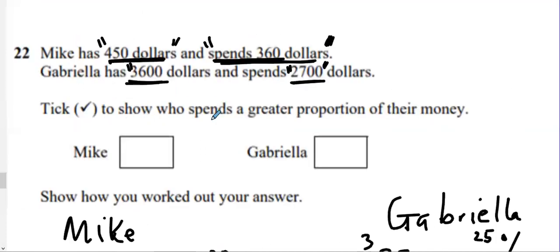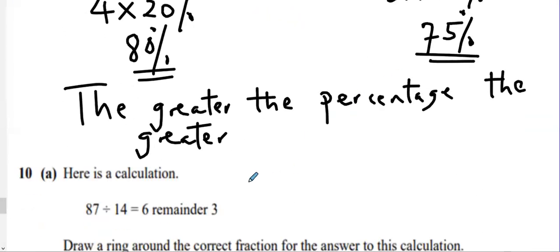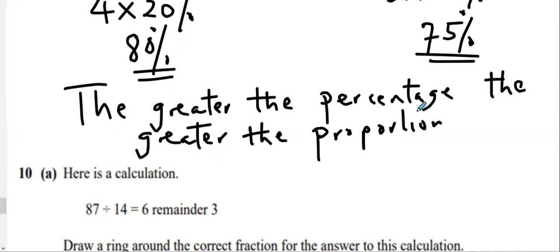Tick to show who spends a greater proportion of their money. Whoever has the greater percentage shows the greater proportion of expenses. So we say the greater the percentage, the greater the proportion of expenses in this case.